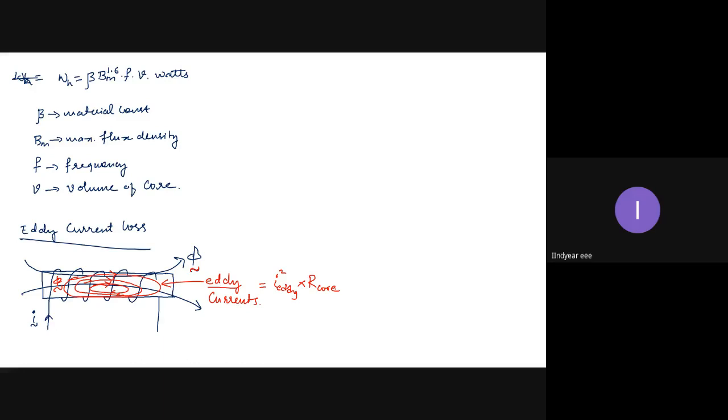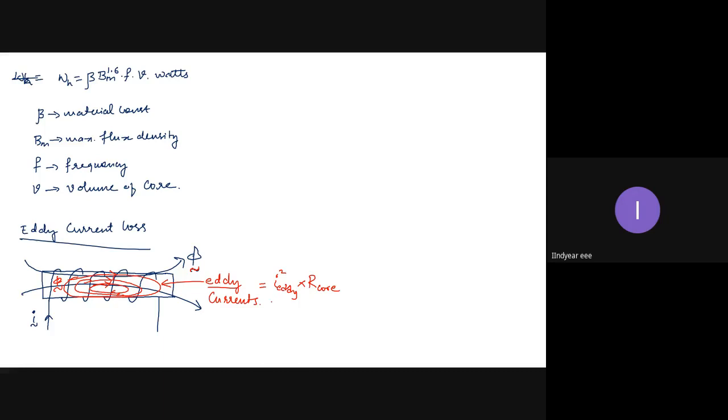Now, can I avoid this? First question, I want to eliminate the losses, but can I eliminate it? I can't eliminate it, because if I have to eliminate the eddy current losses, either eddy current should be zero or resistance of the core should be zero. Getting my point?